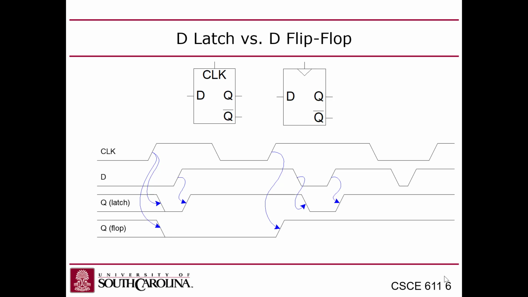In Verilog, we design our sequential logic with this flip-flop behavior, not with the latch behavior. You want to try to avoid using latches in your designs. It's much easier to design circuits with this flip-flop type behavior.